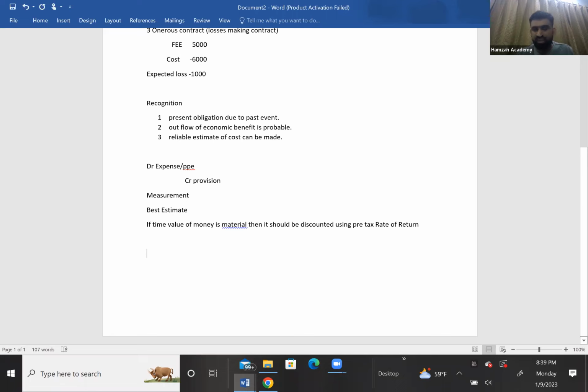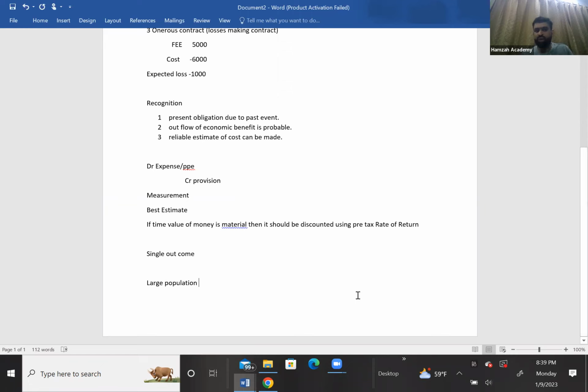Further, the measurement of the provision also depends on whether the provision involves a single outcome or a large population.